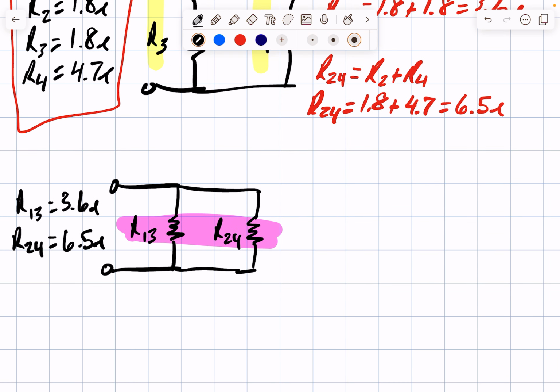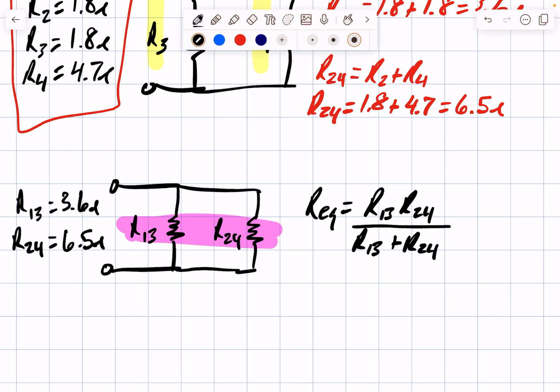So we'll have REQ is equal to R13 times R24 over R13 plus R24.